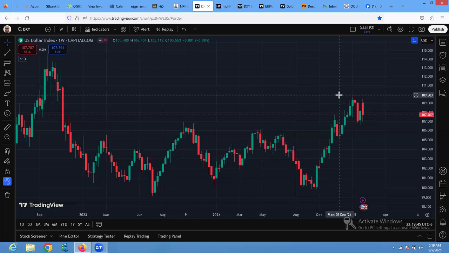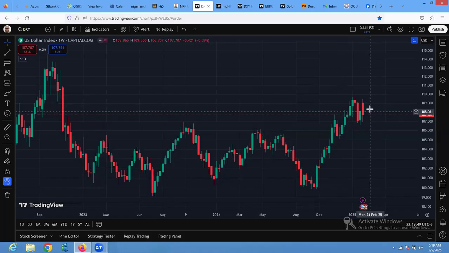So let me use that word. If you want to go in the line of the dollar going up to break the top, if you are doing any trade, you should have been in the buy from this level or from this level. And if you're in the buy, you have to trade your stop loss. Otherwise, if the dollar begins to come to the downside, you are going to lose.